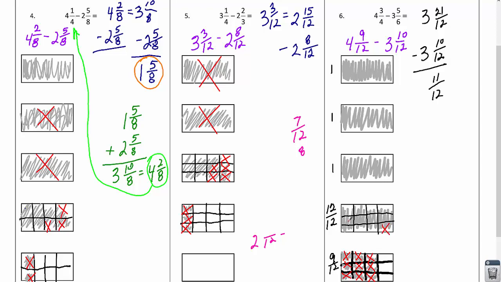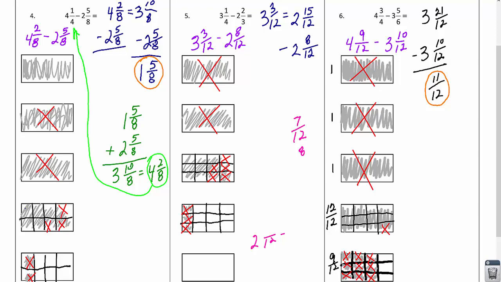And that leaves me 1, 2, 3, 4, 5, 6, 7, 8, 9, 10, 11. And then I'm going to take away my 3. And I end up with an answer of 11/12.